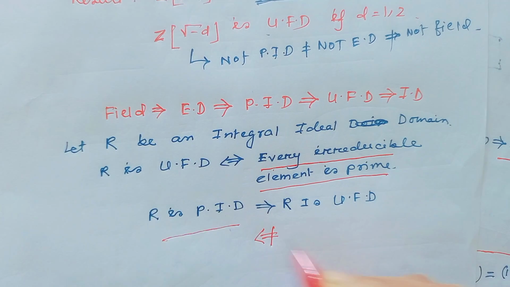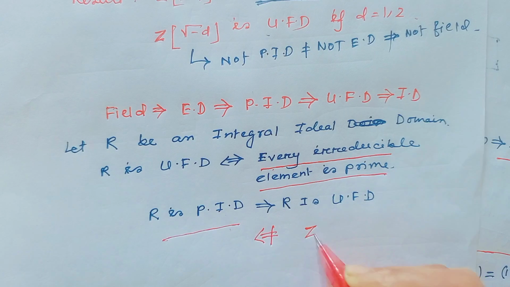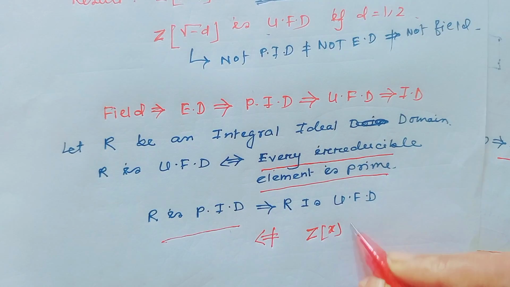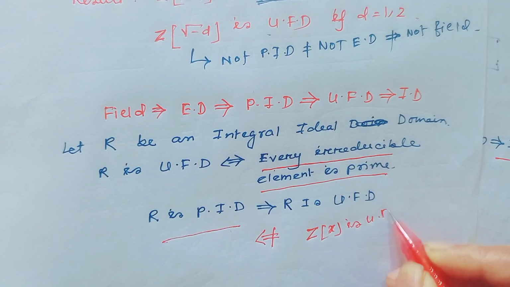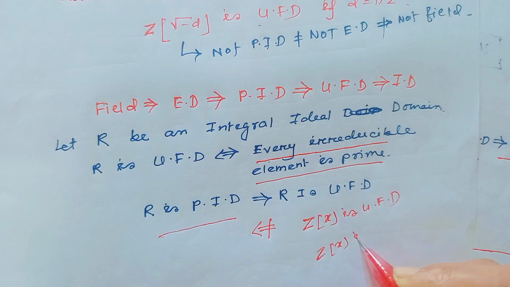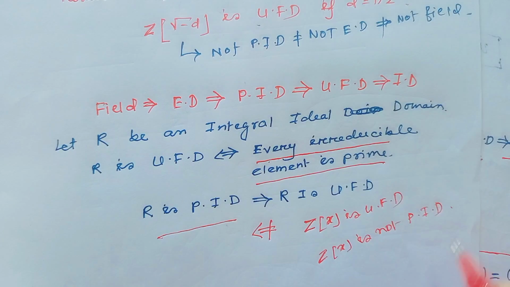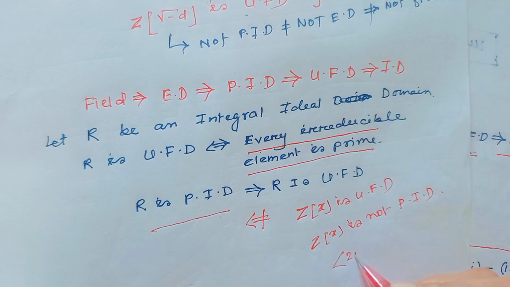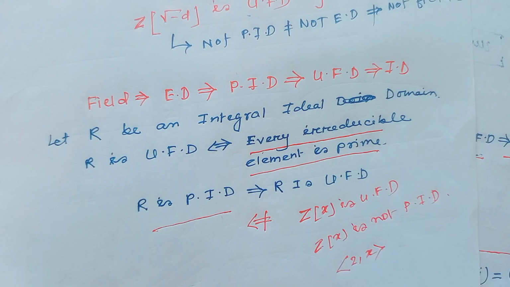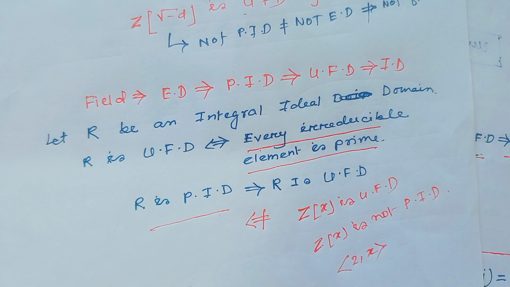R is U.F.D does not always imply R is P.I.D. For example, Z[x] is U.F.D, but Z[x] is not P.I.D, because the ideal generated by 2 and x is not generated by a single element, so Z[x] is not P.I.D.